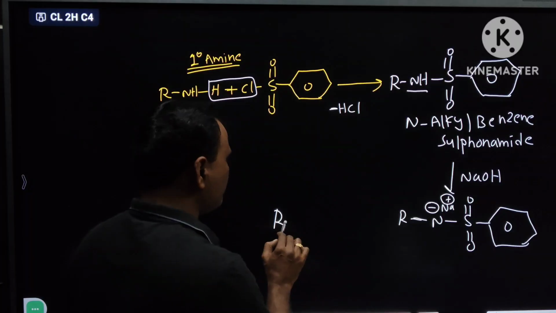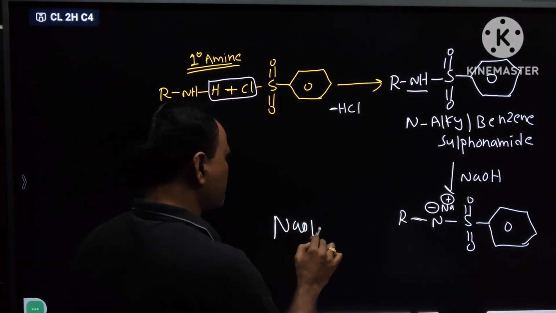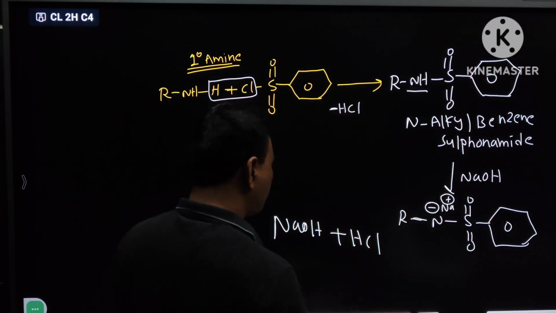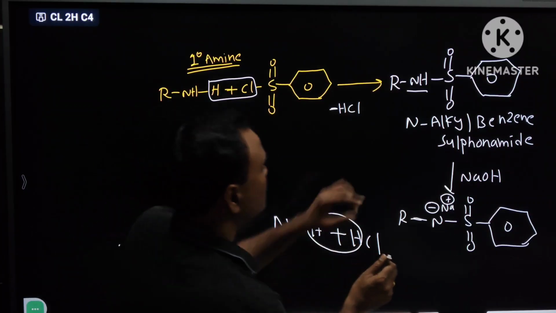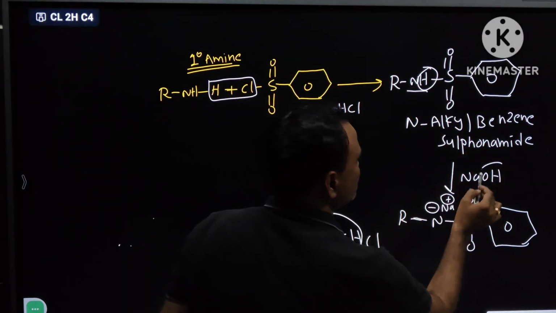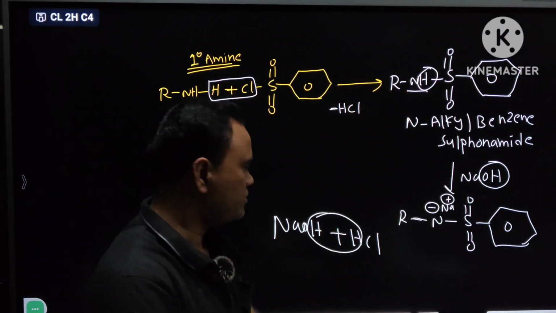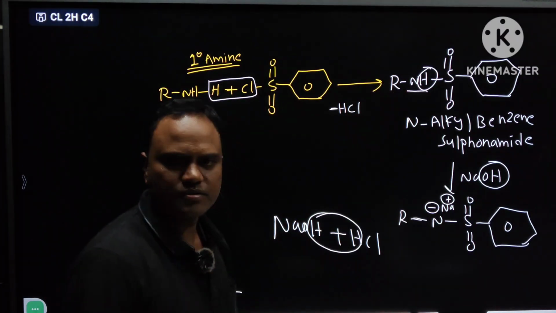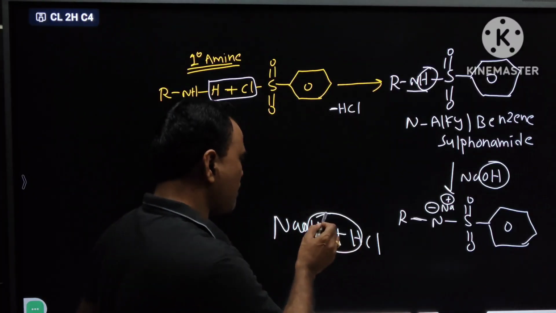Once look at this, all of you, NaOH plus HCl. What is the product here? HOH will be eliminated. This OH is eliminated. So Na and N will attach, like Na plus and Cl minus. OH eliminated or not?